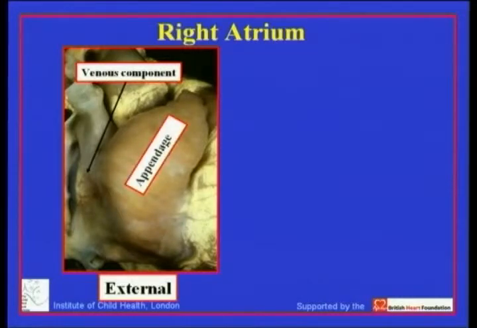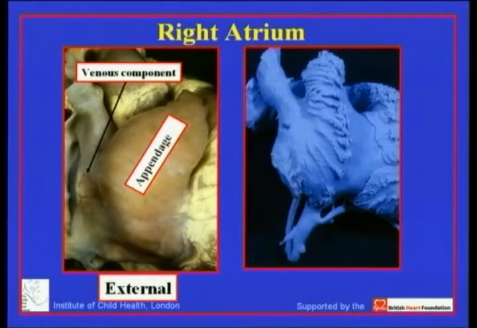We're going to describe the very characteristic shape of this appendage, which is like the map of India, upside down. And we're also going to talk about this very obvious groove, and this is the terminal groove, or the sulcus terminalis.